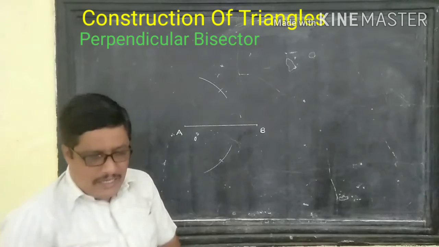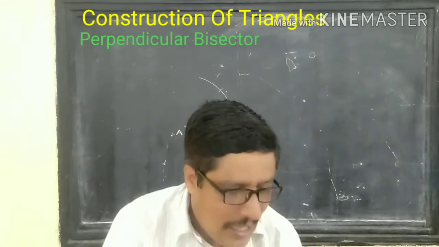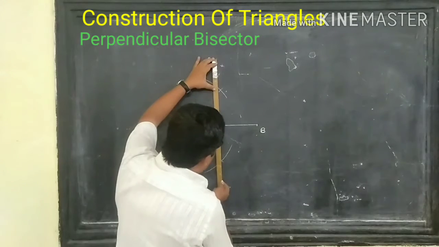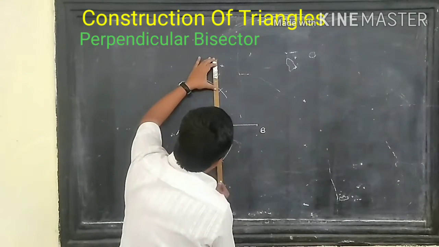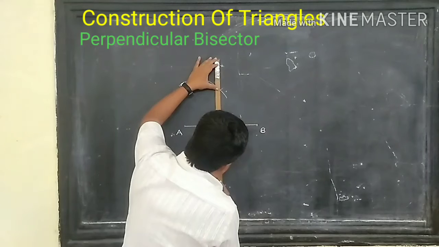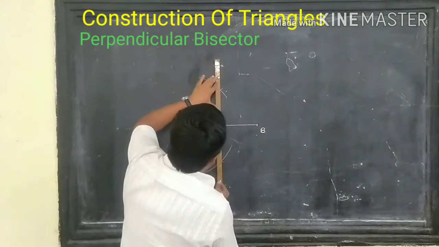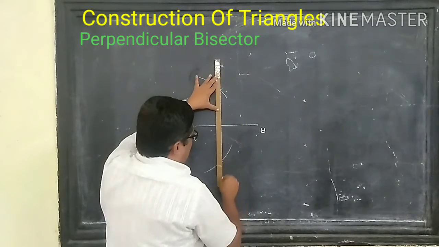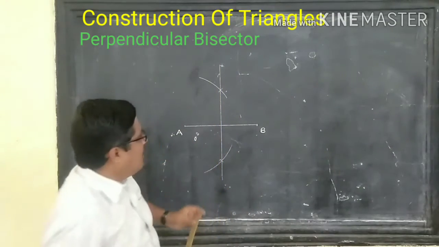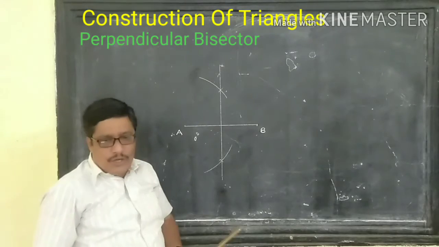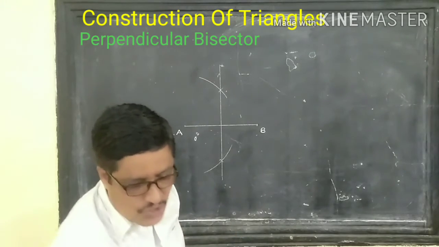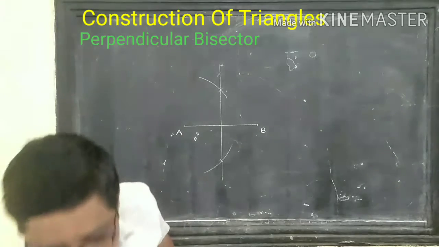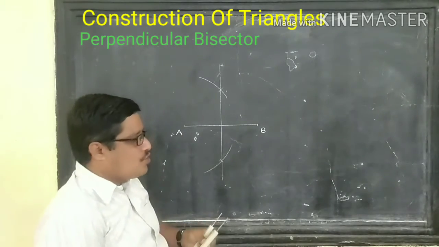After drawing arcs, we have to draw a line passing through these two points of intersection. So this is a line which is passing through the point of intersection of arcs. After drawing this line, we can check whether the construction is correct or not by using two different instruments.